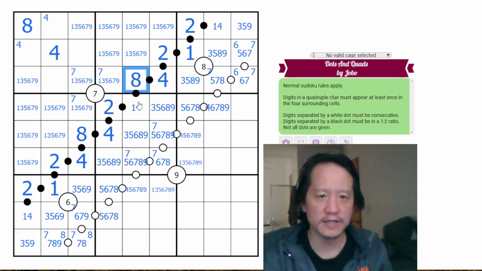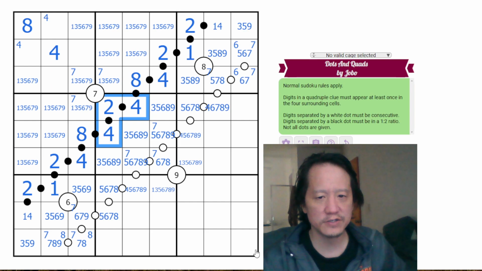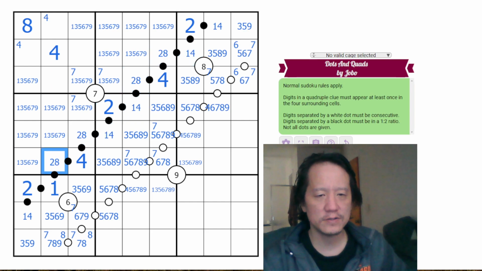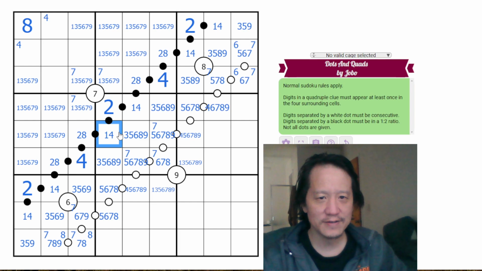Ah, that's 8 also because of 2, 8, and therefore this would have to be 4 also. And then we have a contradiction. So we know now this can't be 4. I don't know if that helps us any.